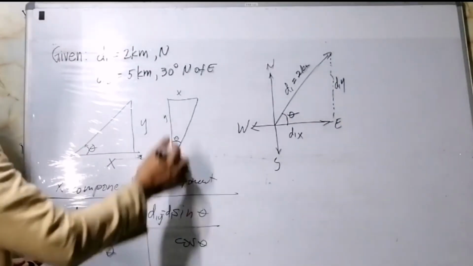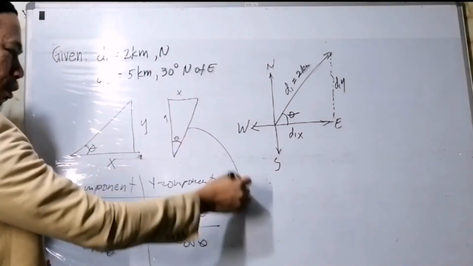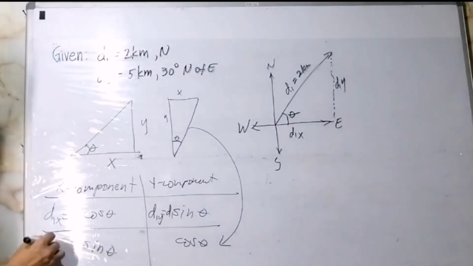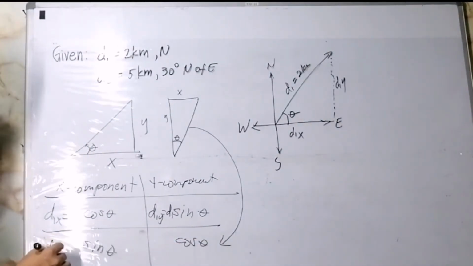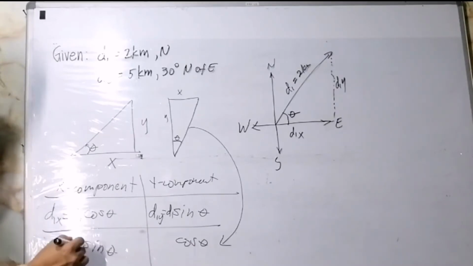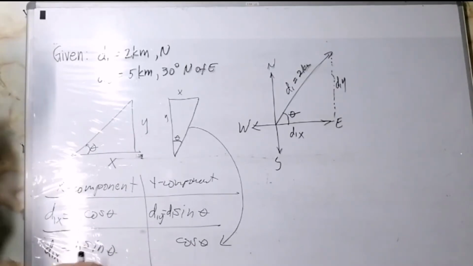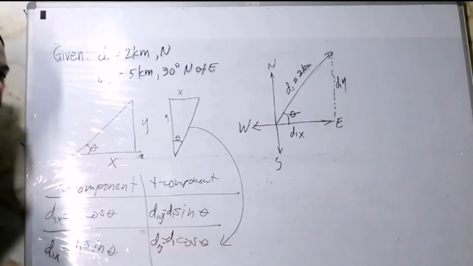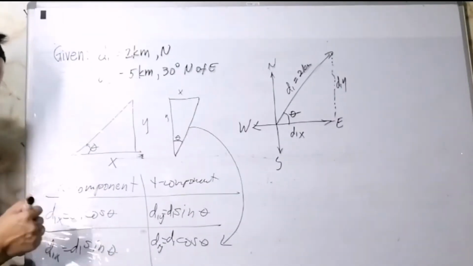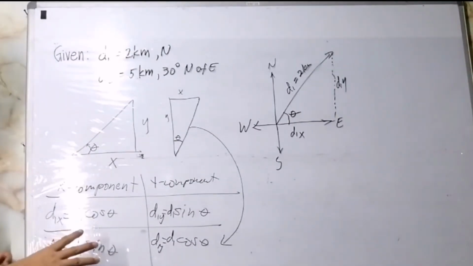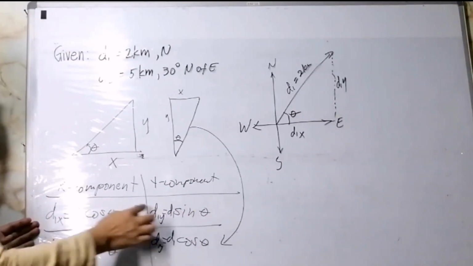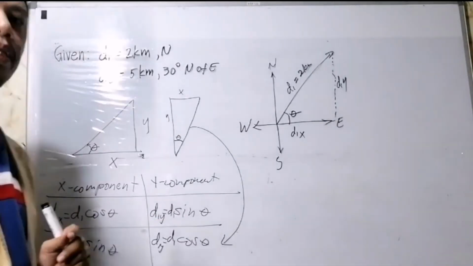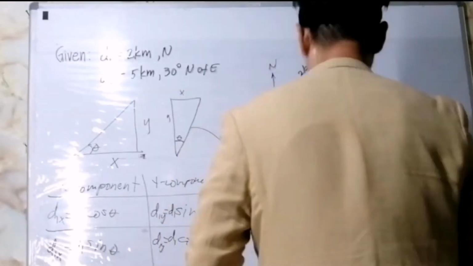And for the opposite case, d1x is d1 sine theta, and d1y is equal to d1 cosine theta. So there is a reverse of this trigonometric function. Now, let's go over to the problem itself.